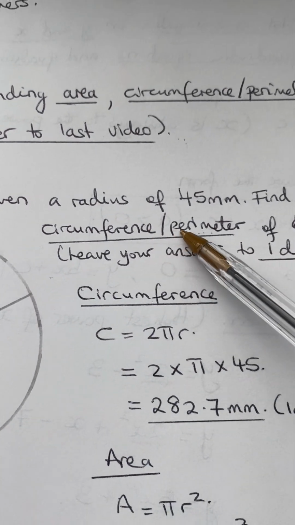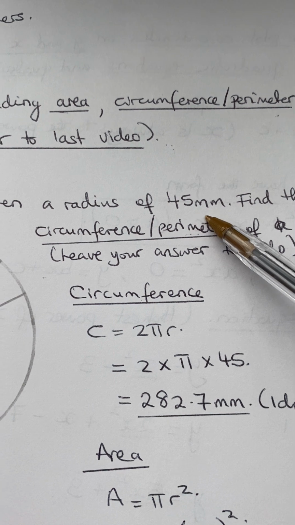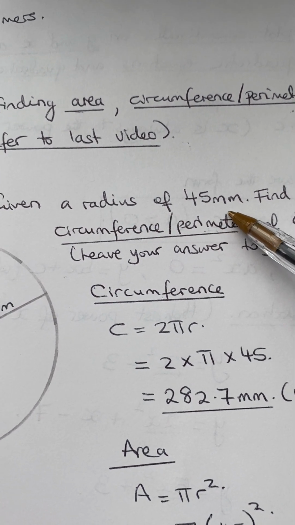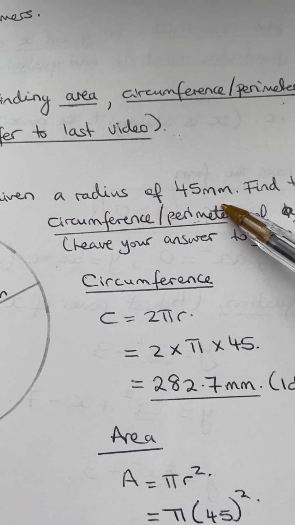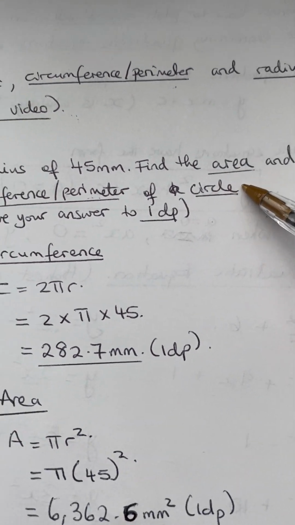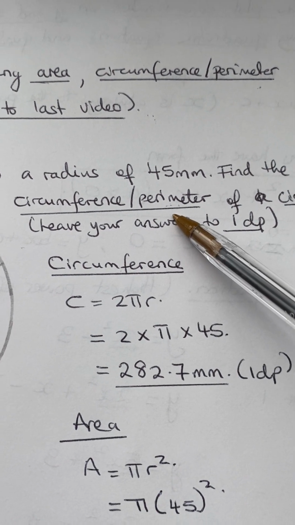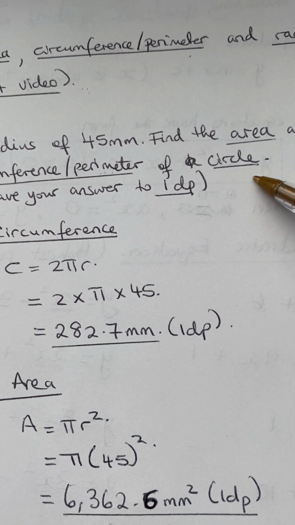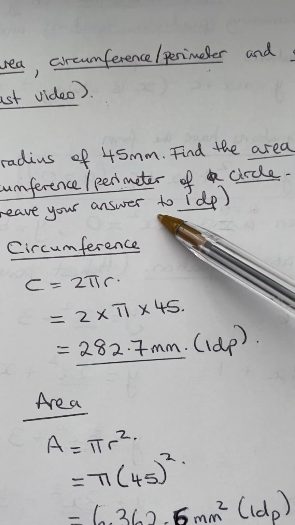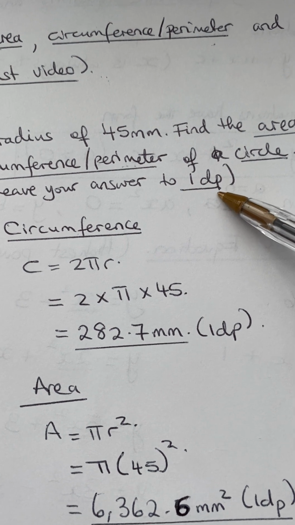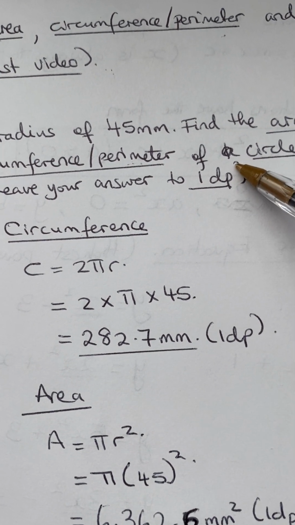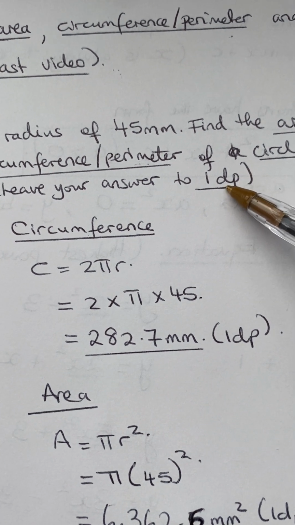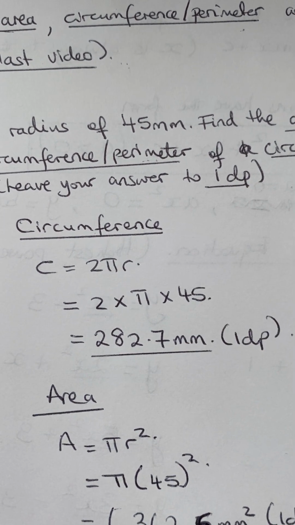Given a circle of radius 45 millimeters, find the area and circumference/perimeter of the circle. Leave your answer to 1 decimal place. So straight away, whatever answer we get, we need to leave it to 1 decimal place.